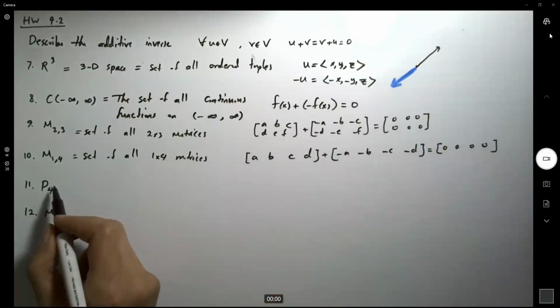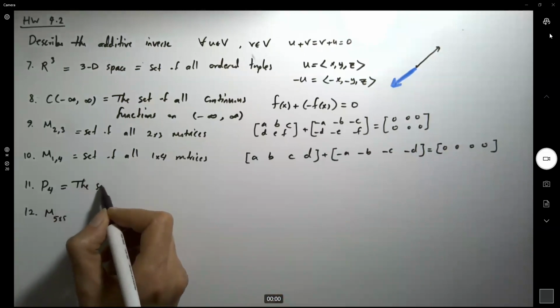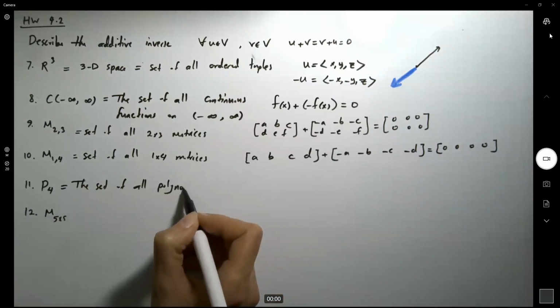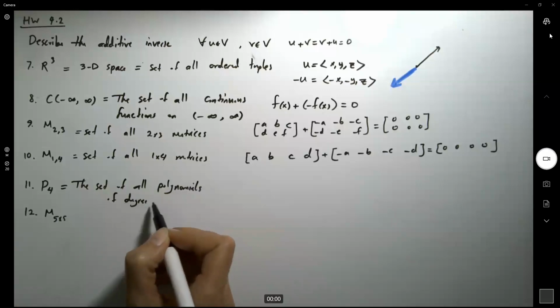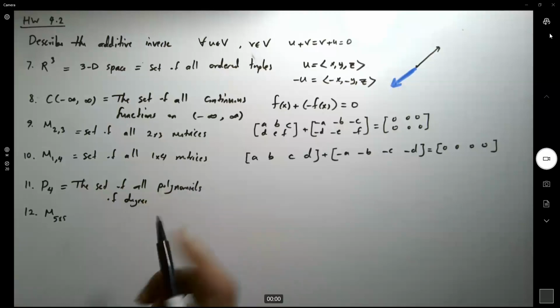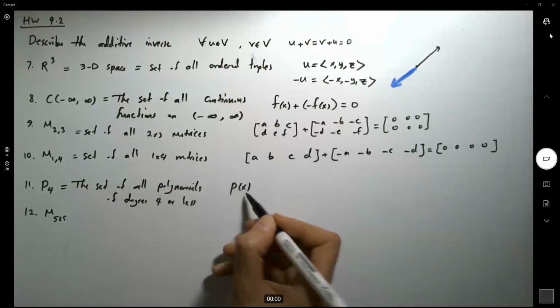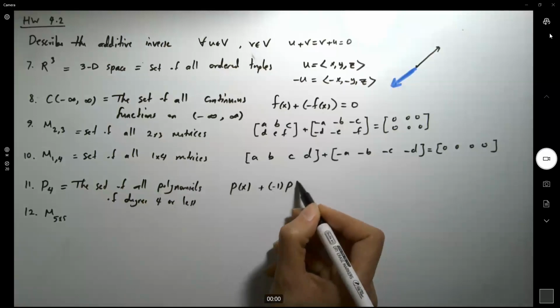Now for P4, remember that this is going to be the set of all polynomials of degree 4 or less. So for any polynomial, its opposite is multiplying that polynomial by -1.